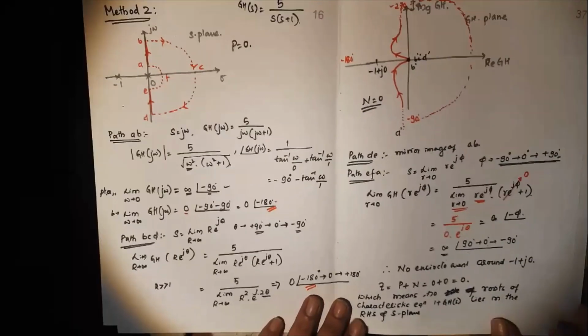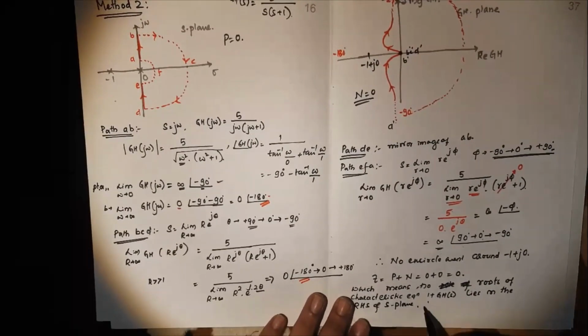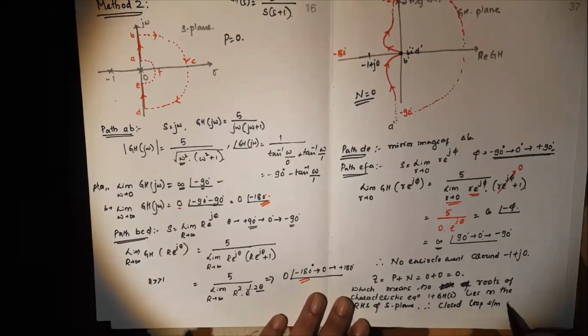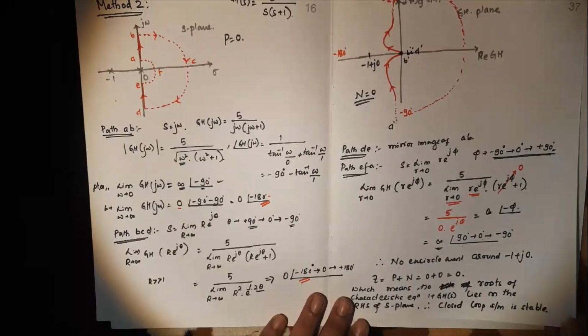Therefore, you can say the closed loop system is stable. Fine. So just glance at this numerical once more.